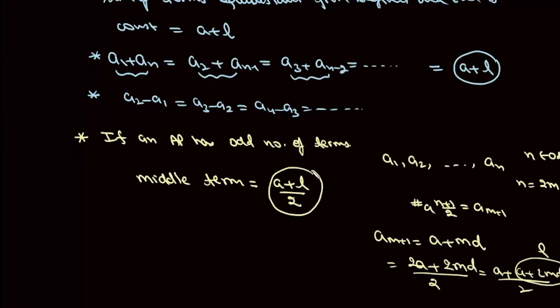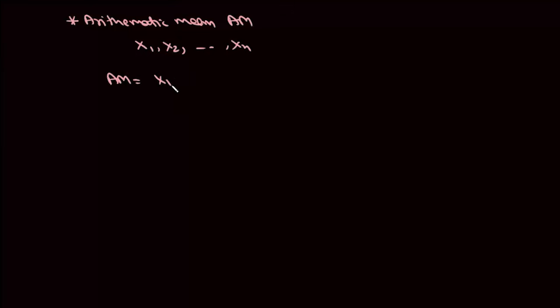Then we have the arithmetic mean of numbers, which is written as AM. So if we have n numbers x1, x2, up to xn, then their arithmetic mean is given by (x1 plus x2 up to xn) whole divided by n.